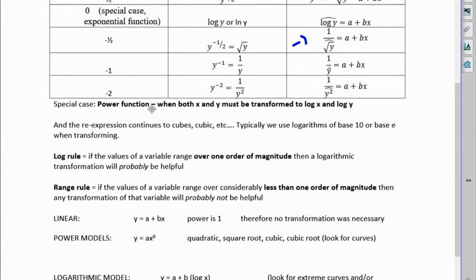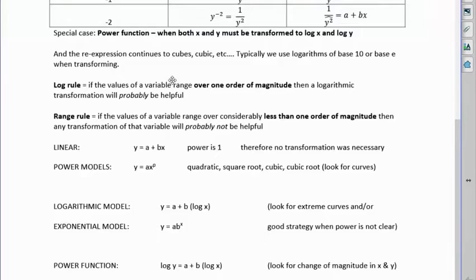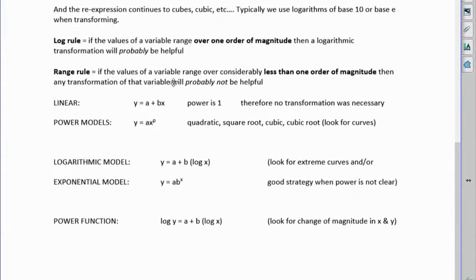The common log, which is base 10, and the natural log, which is base E, describe many curves that we want to try to create a model for. They're probably your most important go-to models, and they are the model that's being used to model COVID-19.